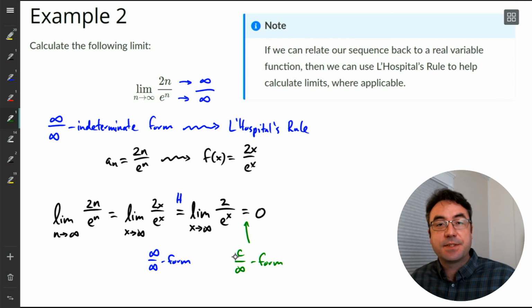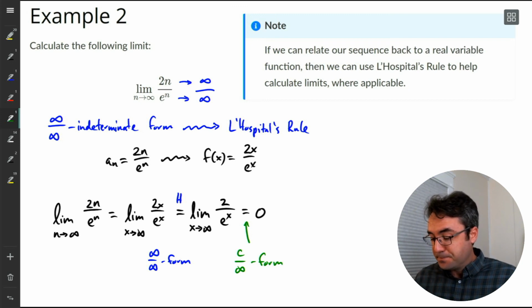So when we have these constant over infinity forms, those all go to 0. Infinity over infinity, that's indeterminate. But if our numerator stays constant or approaches a constant and our denominator gets really large positive, well then the whole fraction gets smaller and smaller. It goes to 0. So the limit of this function is equal to 0, which means the limit of our sequence is equal to 0.